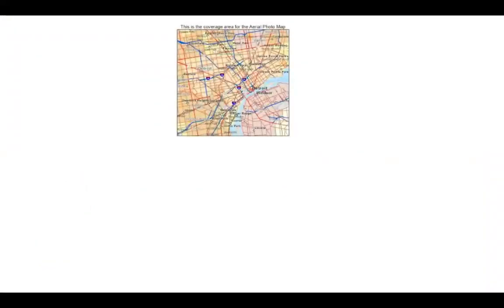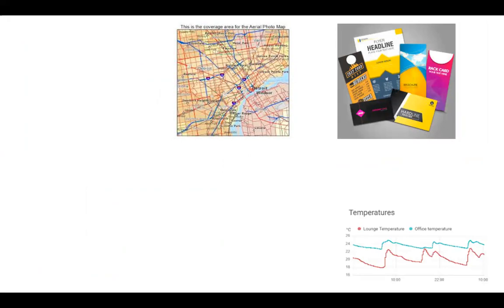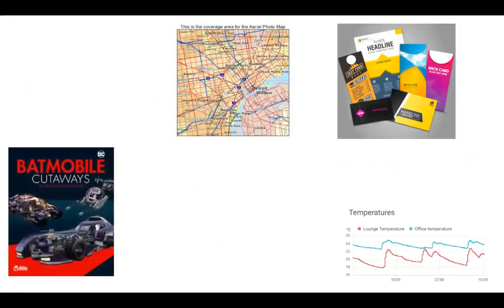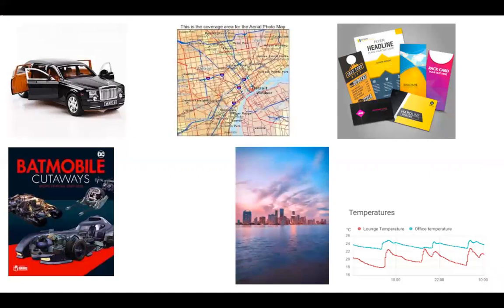This right here is a map. Here we are with handouts. This one is a graph of temperatures. You have a cutaway, a model, like a model car. This is a picture.